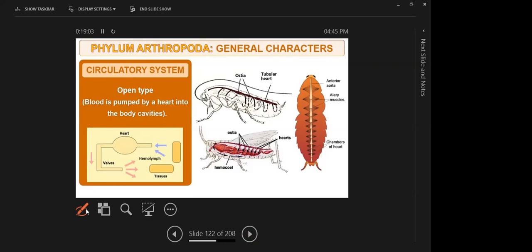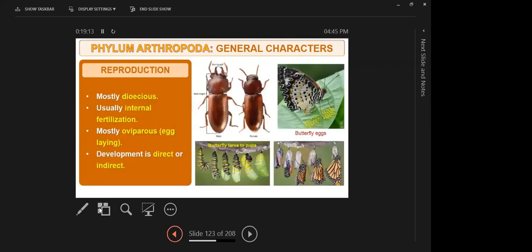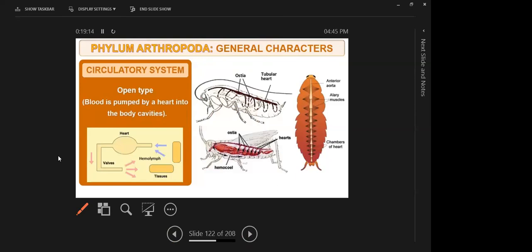That means they do not have a particular channel, which is not advanced, but still this is how it is. You can see here these are the different muscles. The chambers are heart, and the blood bathes the tissue. The cavity where the blood is released, which bathes the tissue, is called hemocoel, and the blood is white in color.